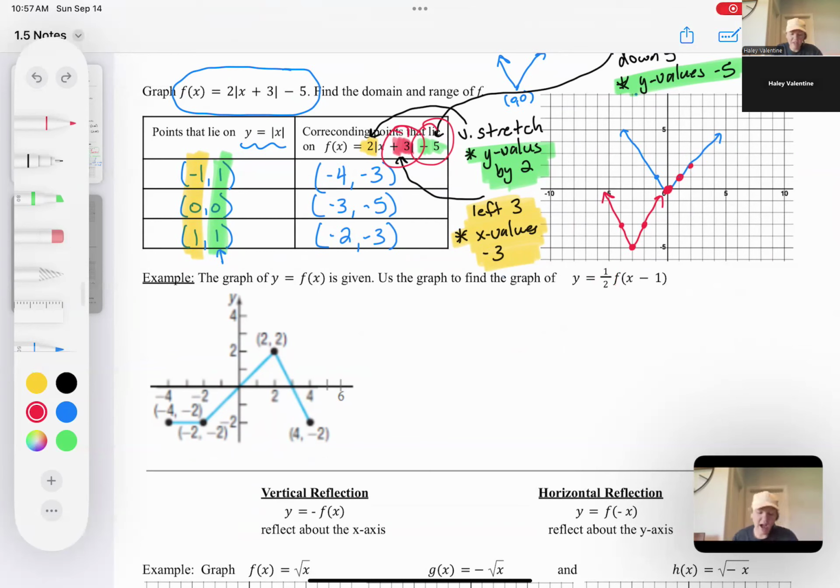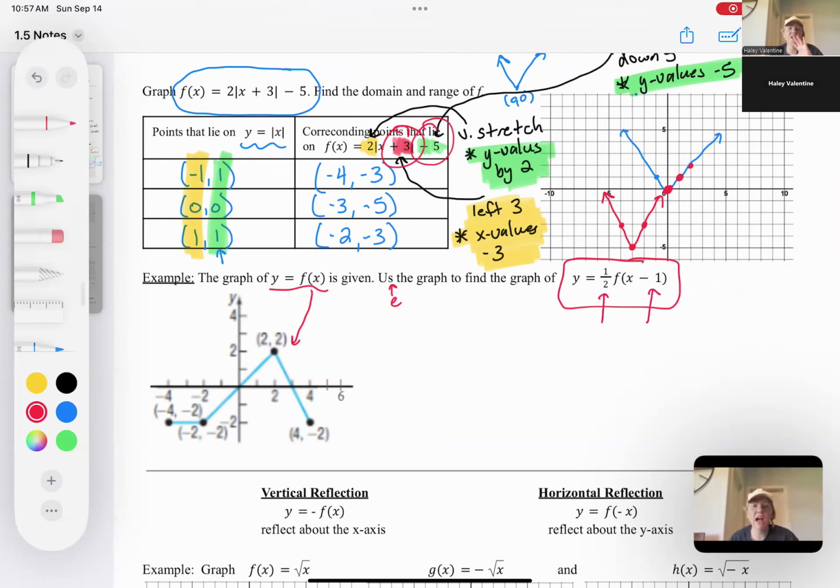Okay, so now I have this function f. Okay, right here, that's a function, vertical line test. Yes, it's a function. I don't have an equation for it, but that's okay. I don't need it. What I'm going to do is I'm going to use the graph to find the graph of this now. So let's think about the two things that are happening. I know there's two transformations because there's a 1/2 and there's a -1.